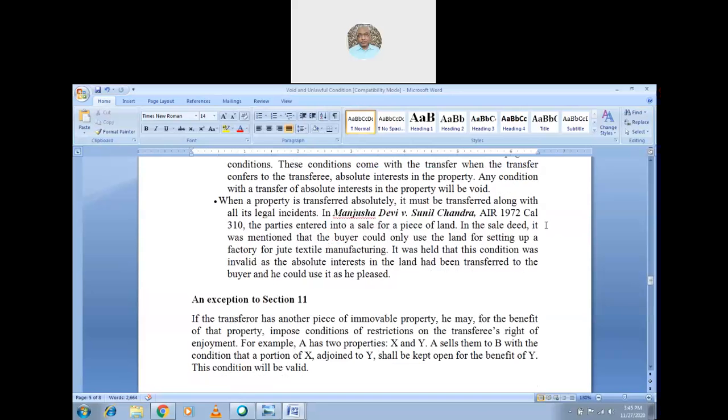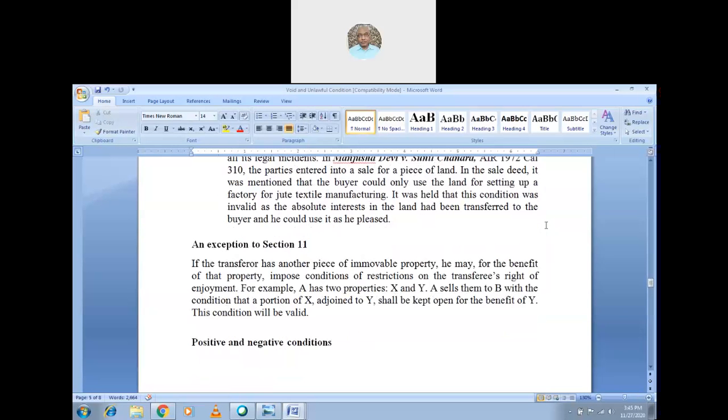And let us see the exception to Section 11. If the transferor has another piece of immovable property, he may, for the benefit of that property, impose a condition of restriction on the transferee's right of enjoyment. Suppose two properties are adjacent in nature, and the property owner said, you are not supposed to construct a house.